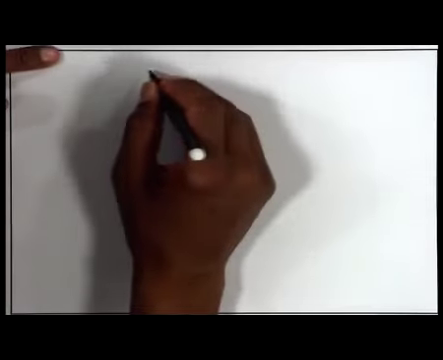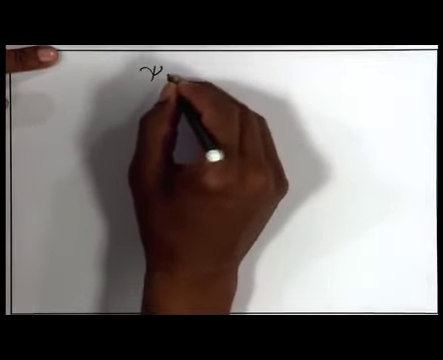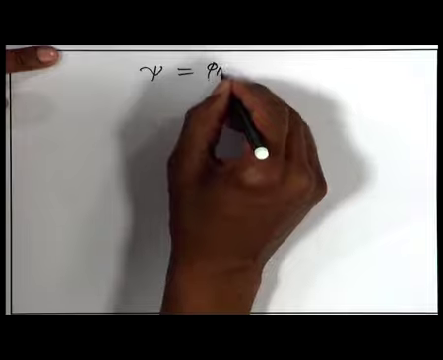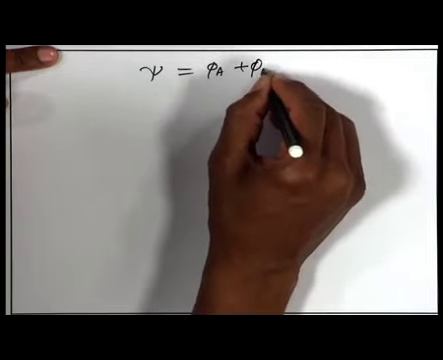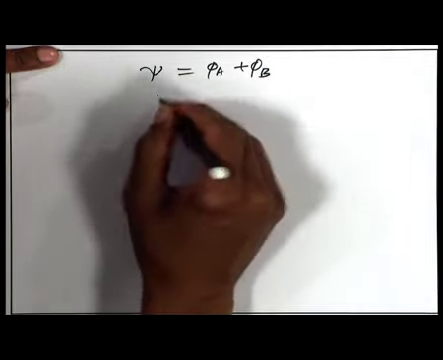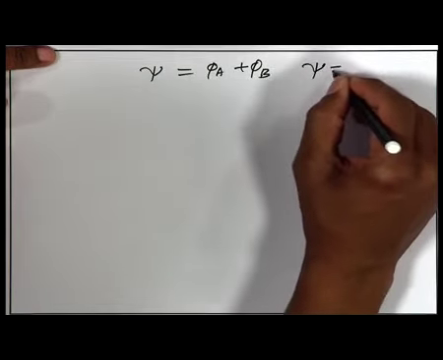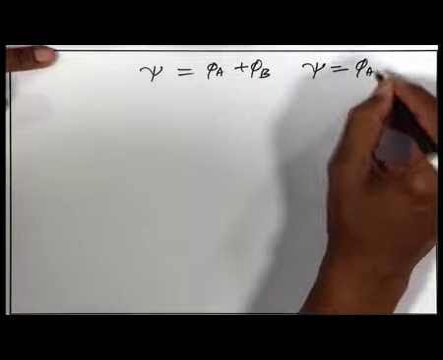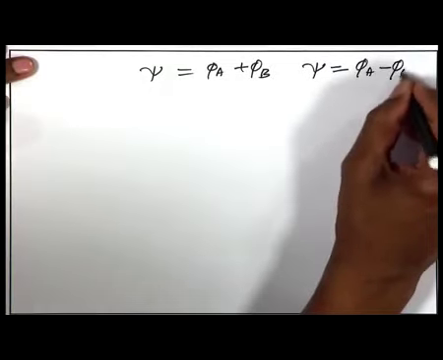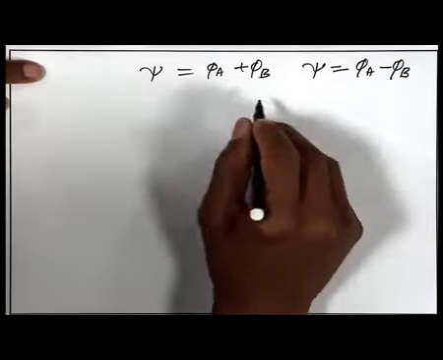Now, we have to understand these two equations: psi equal to phi A plus phi B, and psi equal to phi A minus phi B. What is the meaning of these two equations?